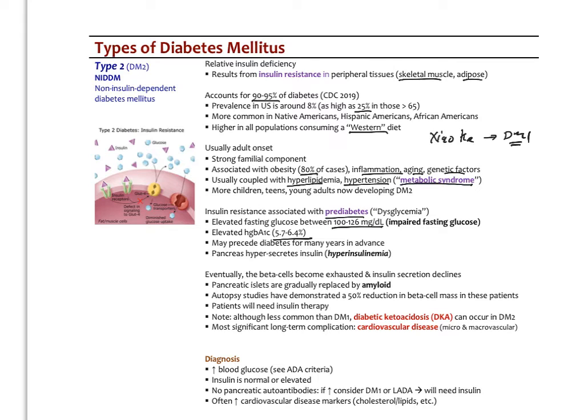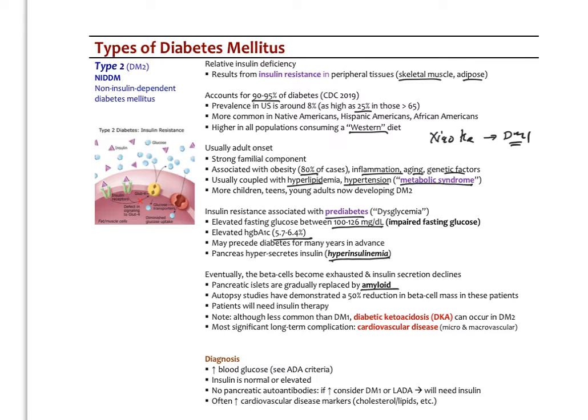And what happens in this case is the pancreas will hypersecrete insulin, causing hyperinsulinemia to get the cells to respond to insulin. Eventually, though, the beta cells become exhausted and the insulin secretion declines. The beta cells are gradually replaced with amyloid protein, and the beta cell mass undergoes atrophy.